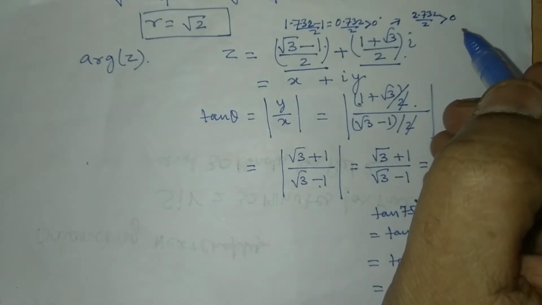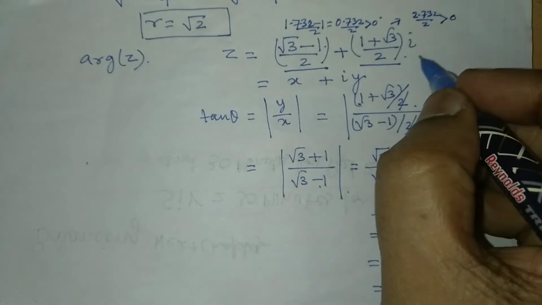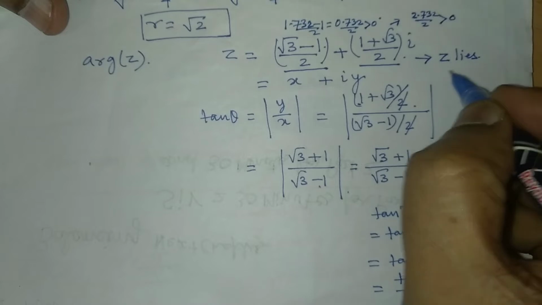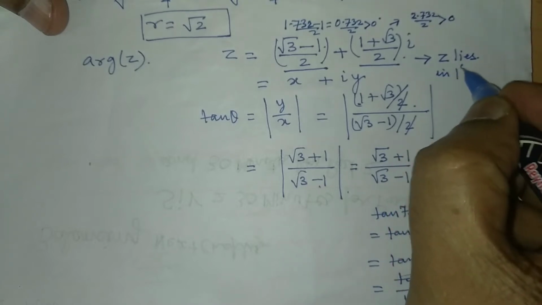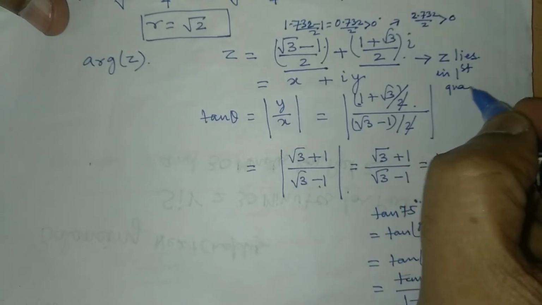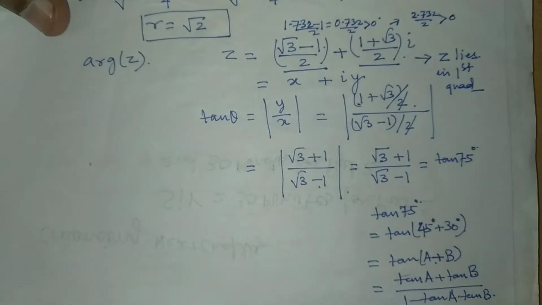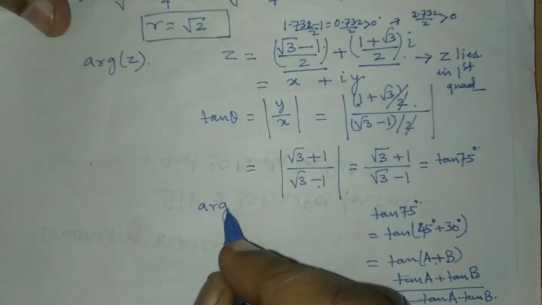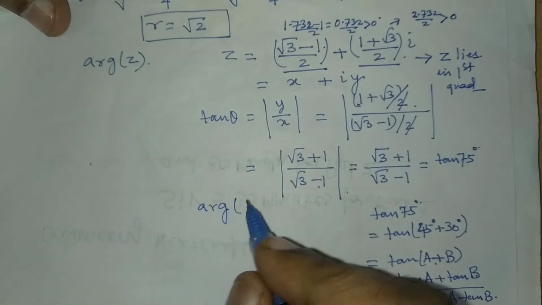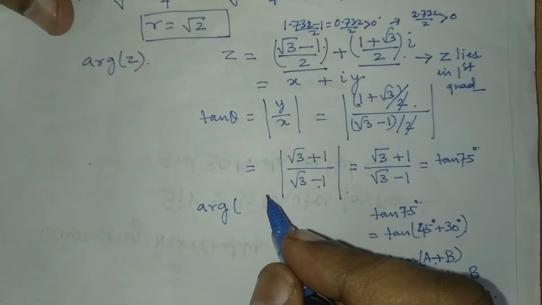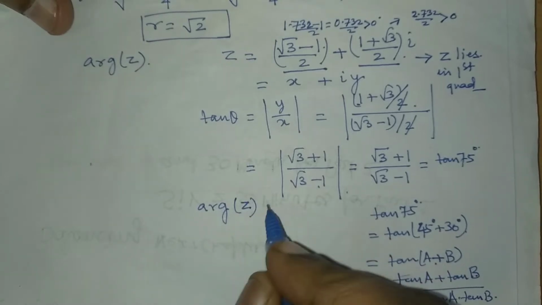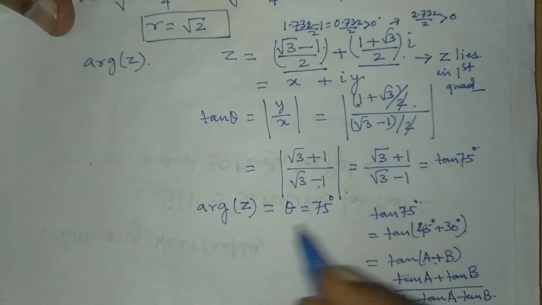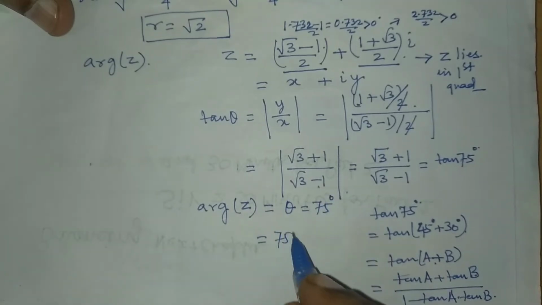So if x and y both are greater than 0, it means that the complex number z lies in which quadrant? In the first quadrant. In the first quadrant, the argument is always an acute angle or right angle. So the argument of z is theta, and theta is 75 degree.